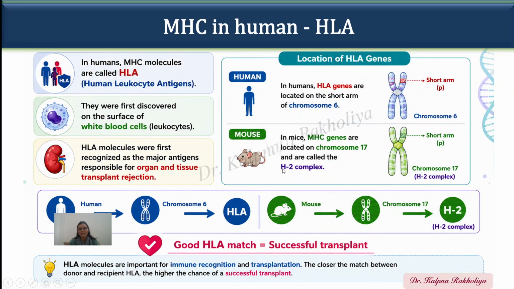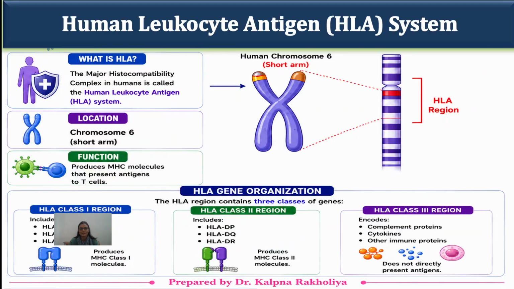In general, they are called MHC molecules. So this is the difference between MHC in humans, called HLA, and in mouse, called the H2 complex.